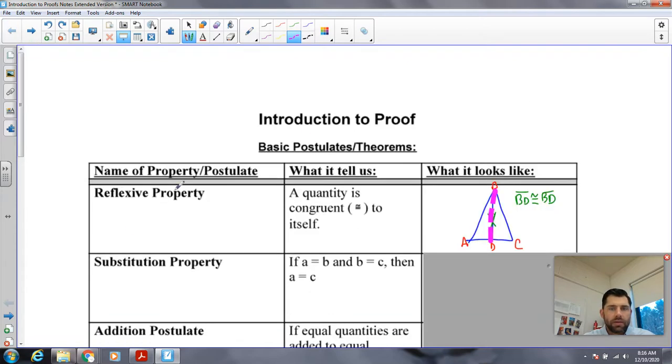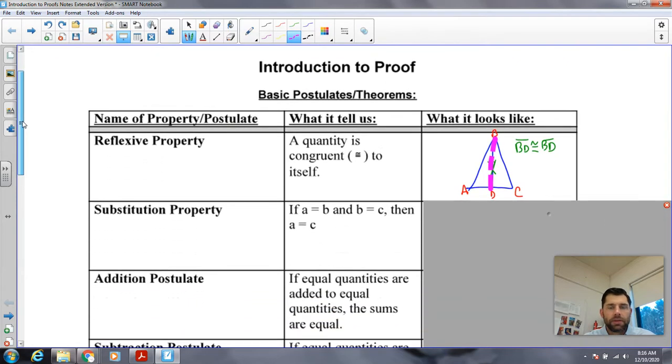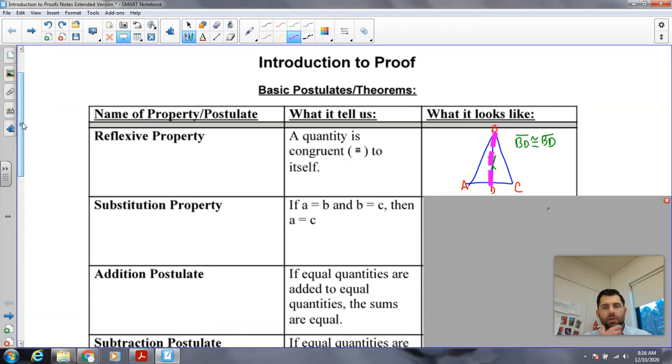So I'm going to pause, and then when you unpause, I'm going to have all these done so we can go through the ones that you need help with. All right, so please pause now. I'm just going to wait a few seconds for you to do that. Pause now if you haven't. All right, try this out on your own, see what you remember. Don't just wait for me.